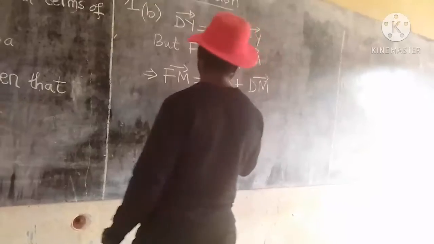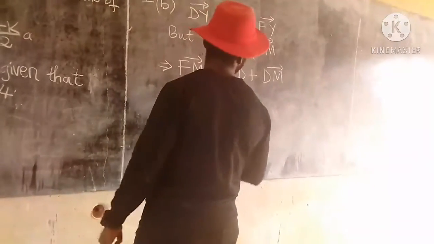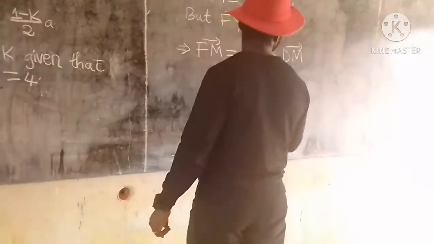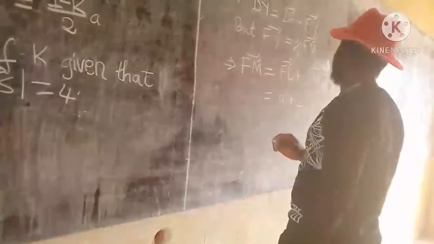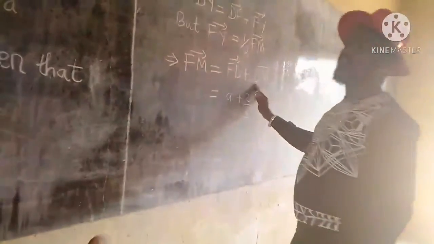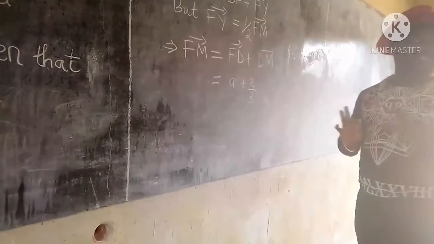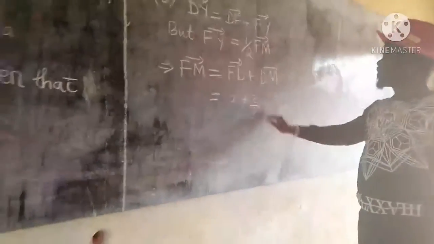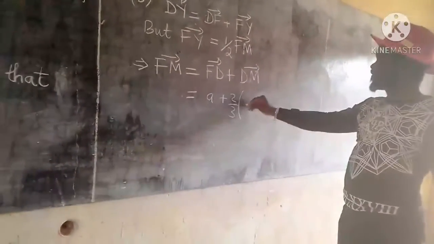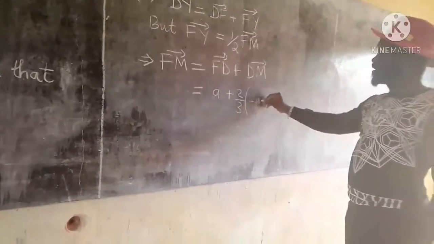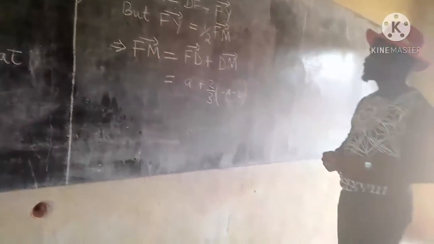Is it in the right direction? Yes. So we have small a plus 2 over 3. Now we are talking of Dm. We calculated it in that direction, so it is in the right direction. There is no problem with sign here. You allow it as positive. So we have minus A minus B close brackets.